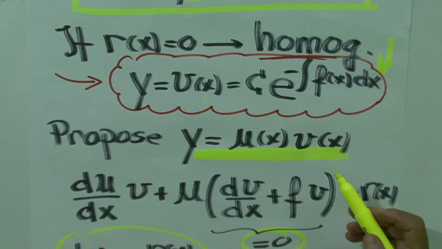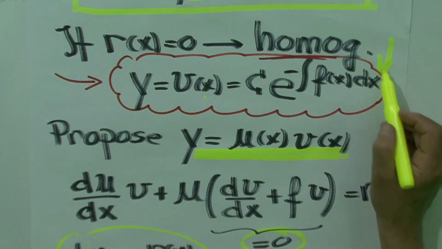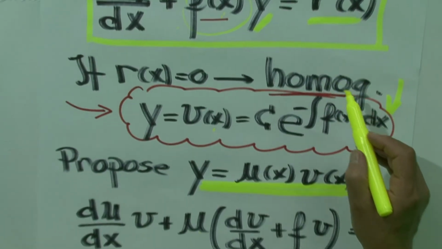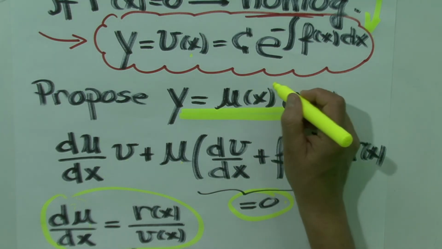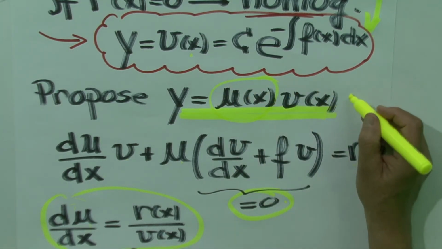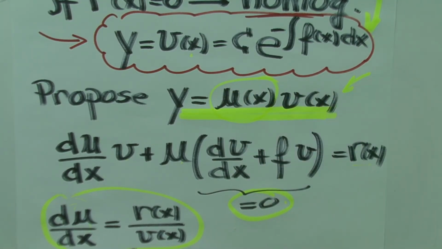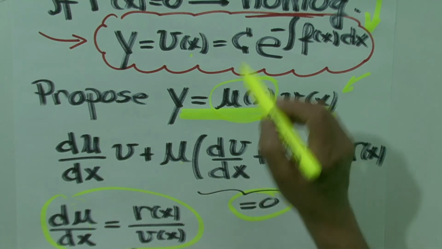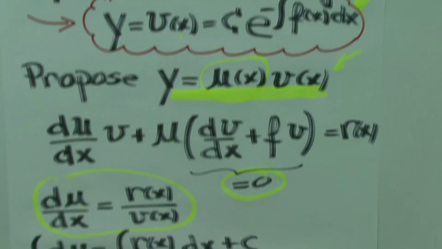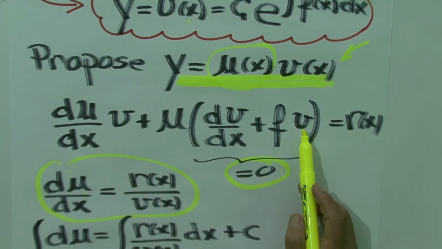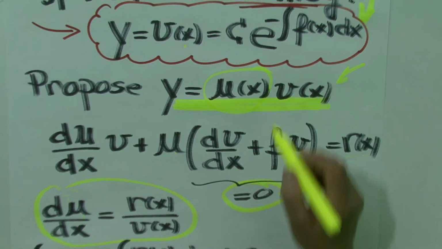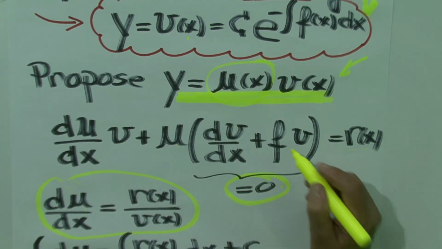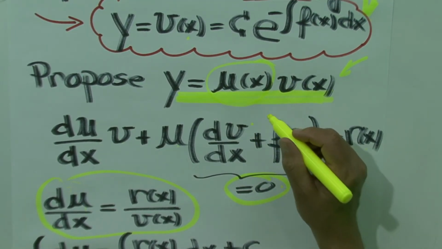Now I'm going to say, well, v is the solution of the homogeneous when this is 0. But then let me propose that the product of a function that I do not know times the solution of the homogeneous equation is the solution. And when you put that in the original equation, it turns out to be those terms. But it's very interesting because the homogeneous equation appears there. V is the solution of the homogeneous equation.